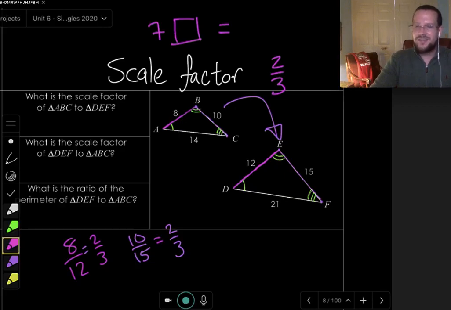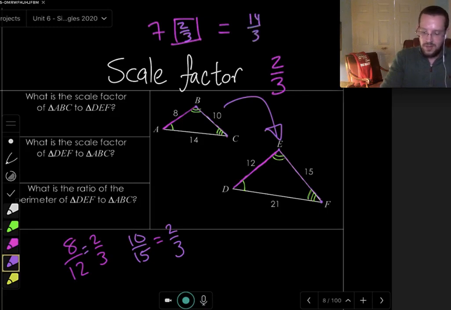Well, if I multiply 7 by 2/3, this is going to be 14/3, which is about 4.667. Did 7 get smaller or larger?